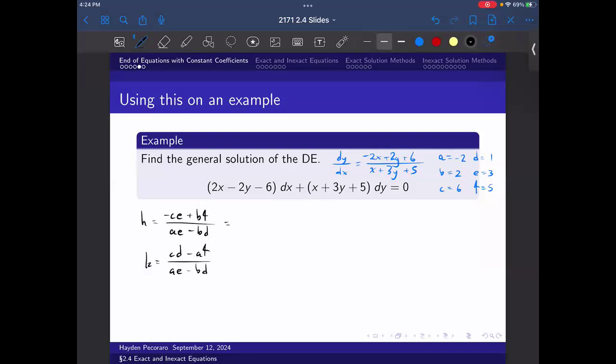If we plug those all in here, we've got (minus 6 times 3 plus 2 times 5) over (minus 2 times 3 minus 2 times 1). So that's minus 18 plus 10, over minus 6 minus 2. Minus 18 plus 10 is minus 8, over minus 8. And so we get 1 for h.